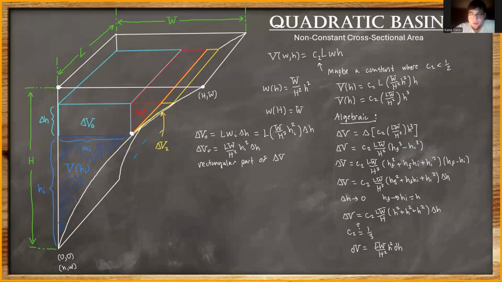Couldn't we also just do the trapezoid? Yeah, because I was thinking maybe delta V naught plus delta V one divided by delta V two limit, something like that.